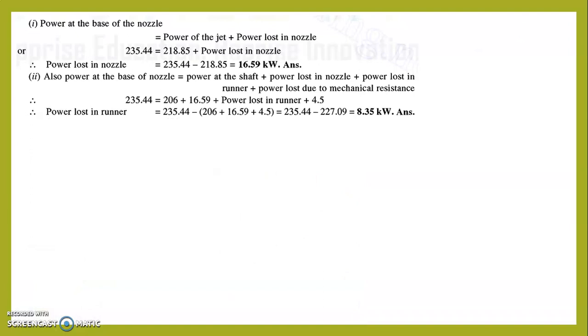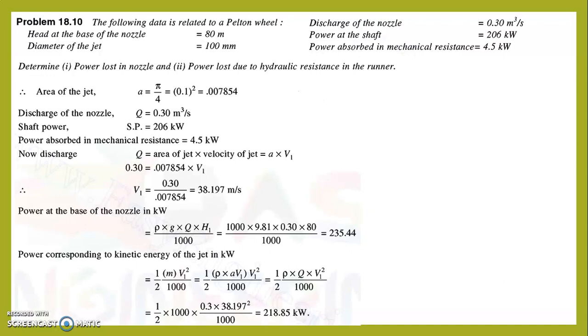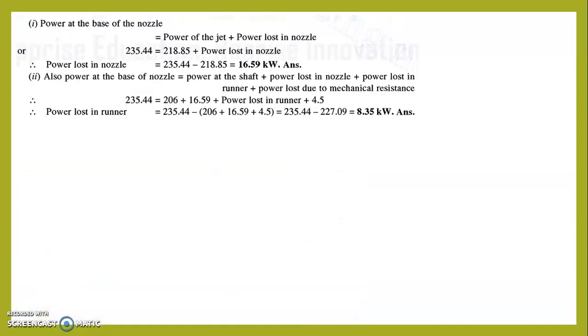Okay. The next thing we will calculate is the power lost due to hydraulic resistance. That is the ratio between water power and runner power. To get the runner power, the water power can be written as power of the shaft plus power lost in mechanical resistance plus power lost in hydraulic resistance.